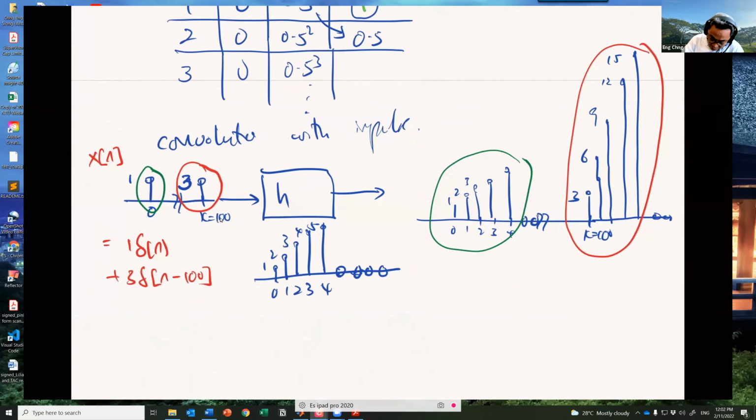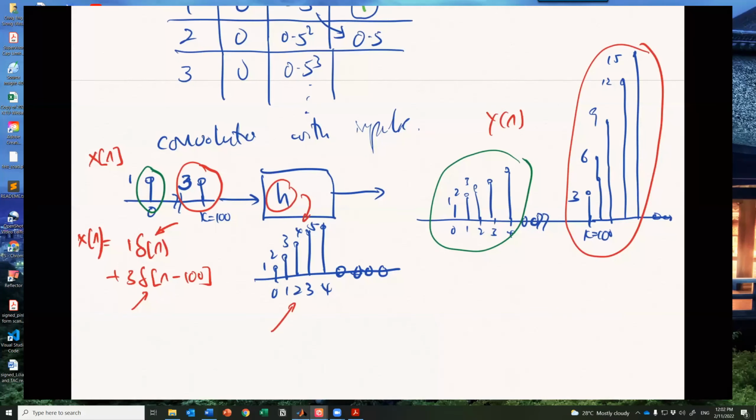This guy is called the input, right? This guy is the impulse, and this guy is the impulse delayed by 100 samples scaled by 3. This guy is the impulse response of the system, and this guy is called the output. Can you all see?